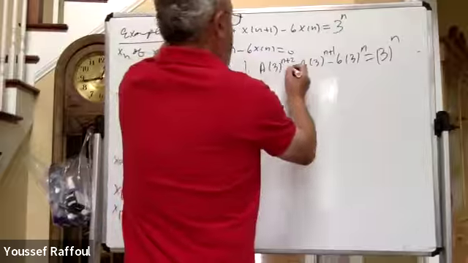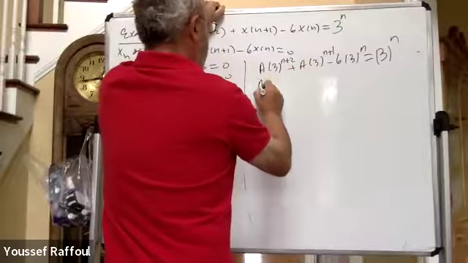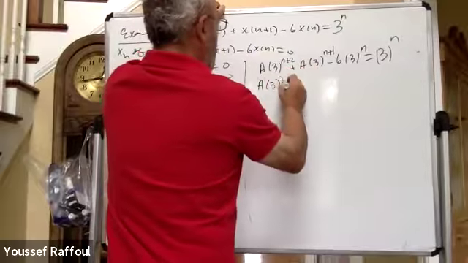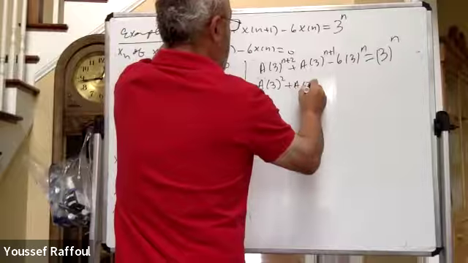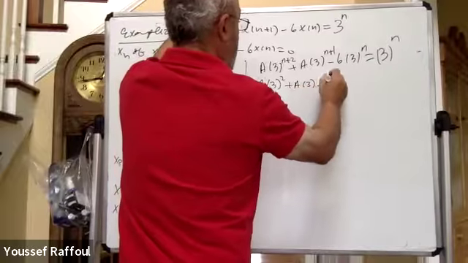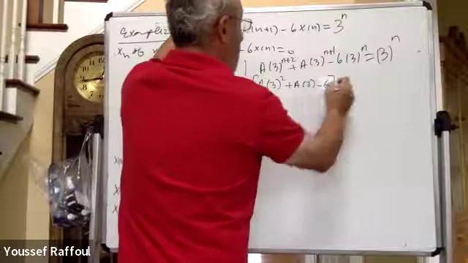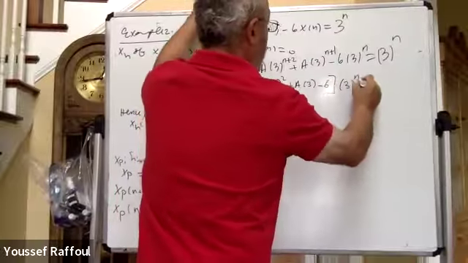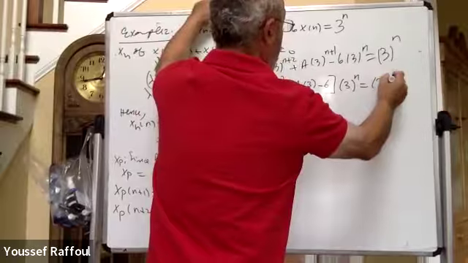So this is a times 3 squared plus a times 3 minus 6, times 3 to the power n, equals 3 to the power n.